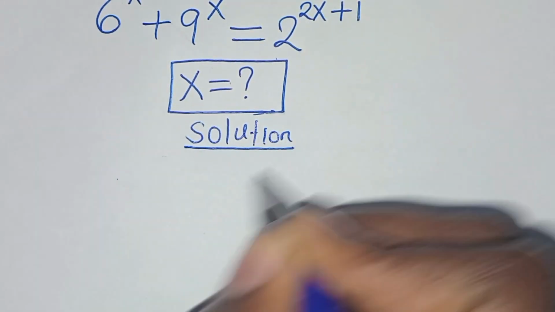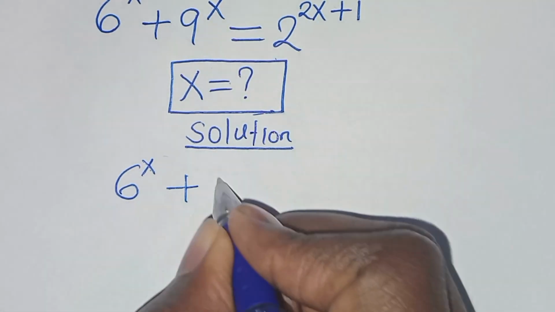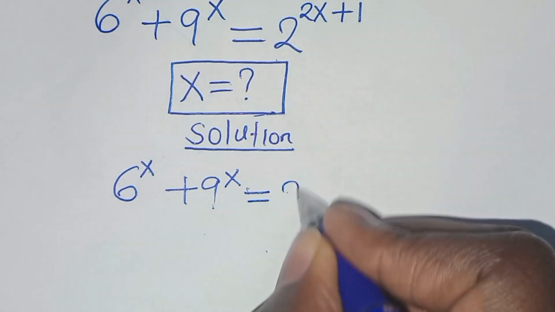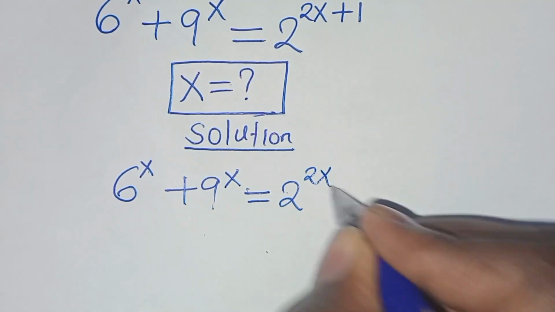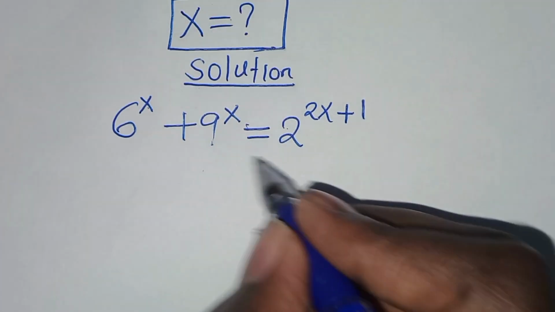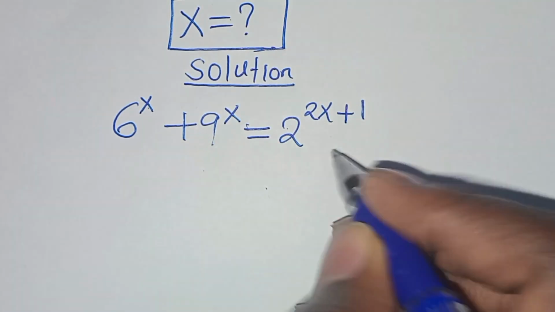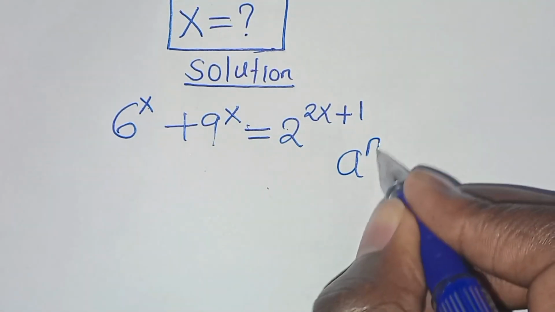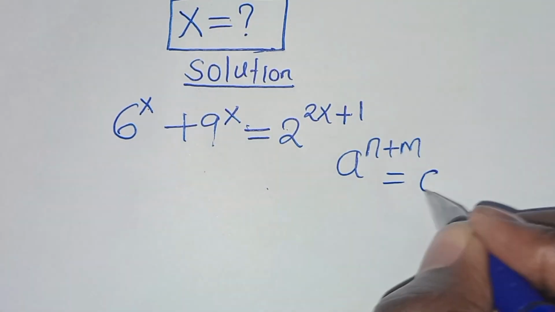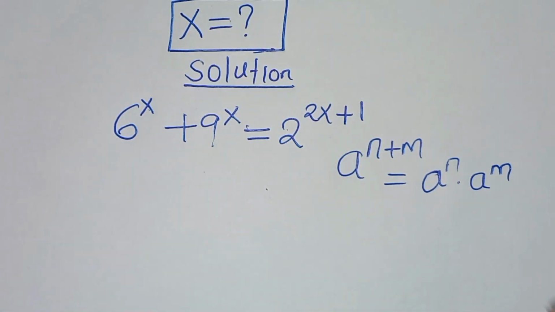So we have 6 to the power of x plus 9 to the power of x. This is equal to 2 to the power of 2x plus 1. Now, we can express 2 to the power of 2x plus 1, which is in the form of a to the power n plus m, as a to the power n times a to the power m.